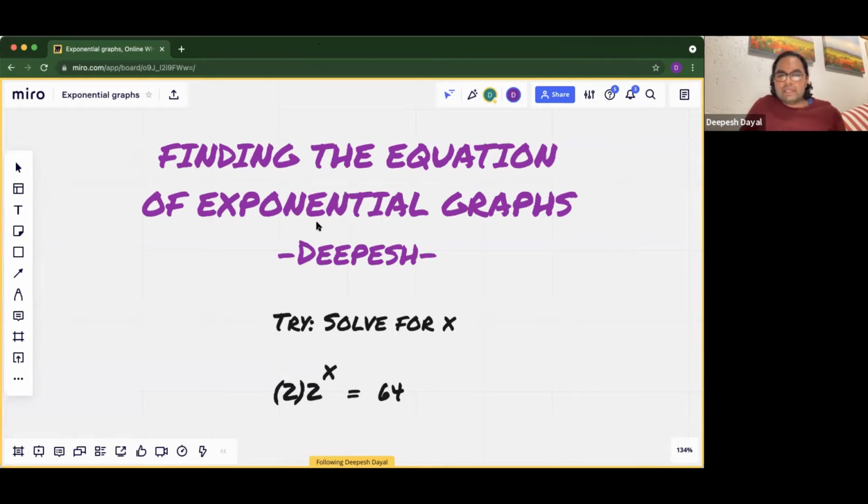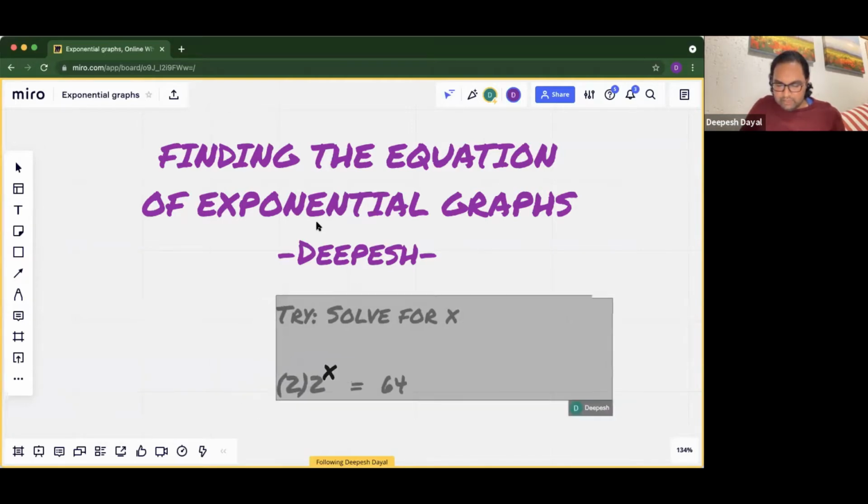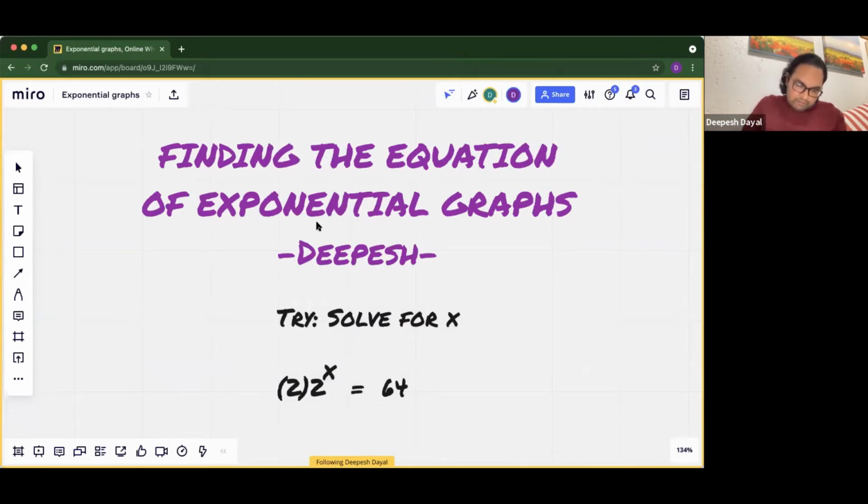Who else wants to give me an answer and help me out with this question? I got x equals 5. Everybody says x equals 5. Ooh, it's moving away. Let's fix this. Okay, let's do this.